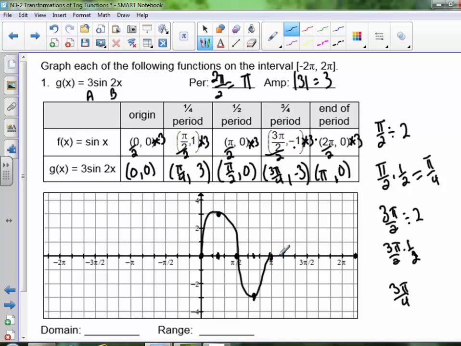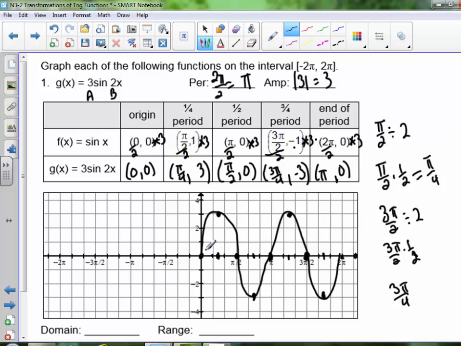We go a distance of pi over 4 from our current location, and go up 3 and place our point. 3 pi over 2 is pi over 2 in this instance, so we're coming back to 0. Then we go halfway in between, a distance of pi over 4, and go down 3, and then back up to 2 pi. So we have this nice wave motion going on.